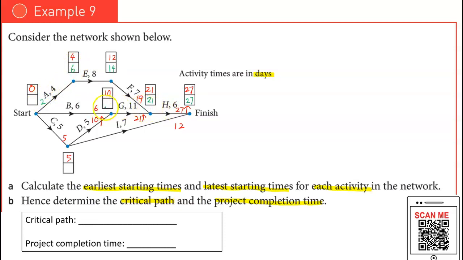Right, so 21 minus 11, because there's only one route here or one path, straight away you can write the answer here as 10. Right, so here 27 minus 7, you have 20. I'm writing outside because there's more than one path, reverse direction. So 10 here, you look at the lower part, LST minus 5 is 5.